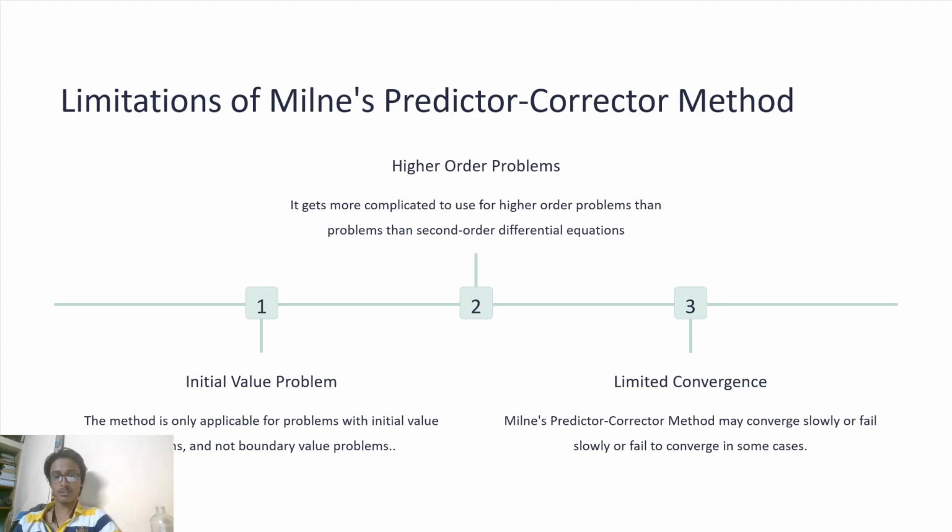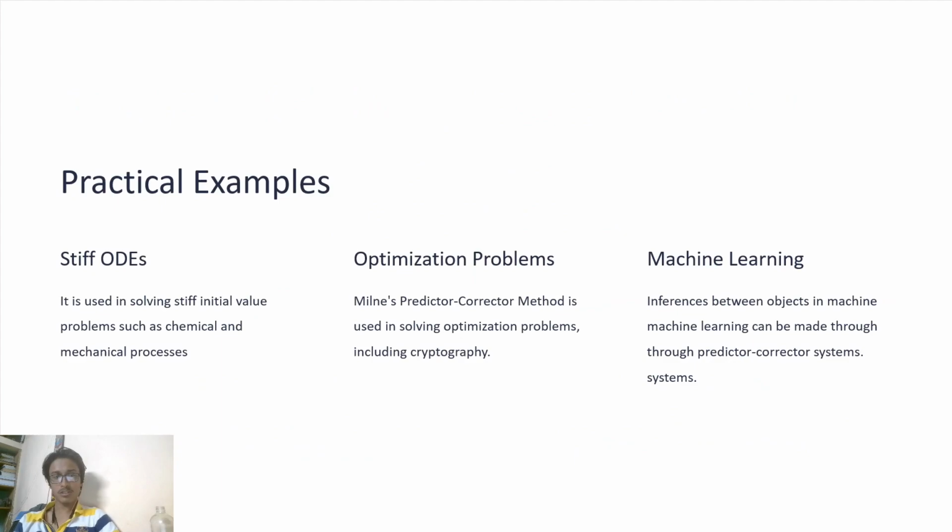So we learned about the advantages and the limitations of Milne's predictor-corrector method. Basically, it has some pros and cons. Here are some of the practical examples. The first one is stiff ODEs. It is used in solving stiff initial value problems such as chemical and mechanical processes.